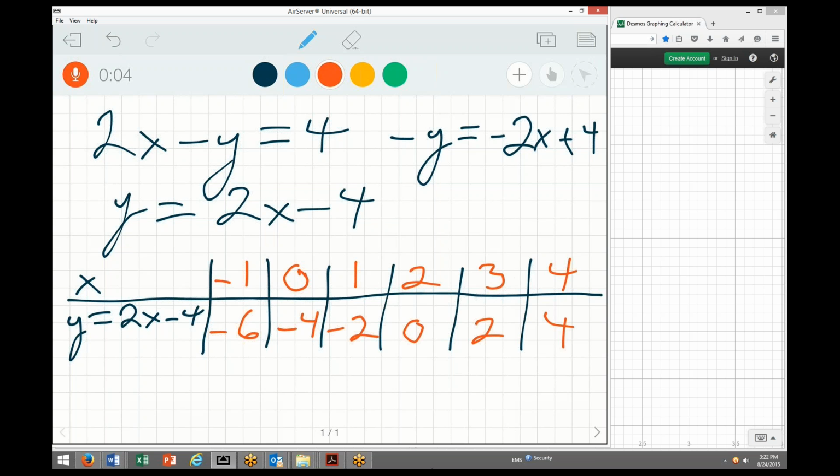So what we've created are actually 6 ordered pairs. They're not in the standard parentheses with the comma in the middle, but they're in a vertical format, 6 ordered pairs, specifically negative 1, negative 6; 0, negative 4; 1, negative 2; 2, 0; 3, 2; and 4, 4.